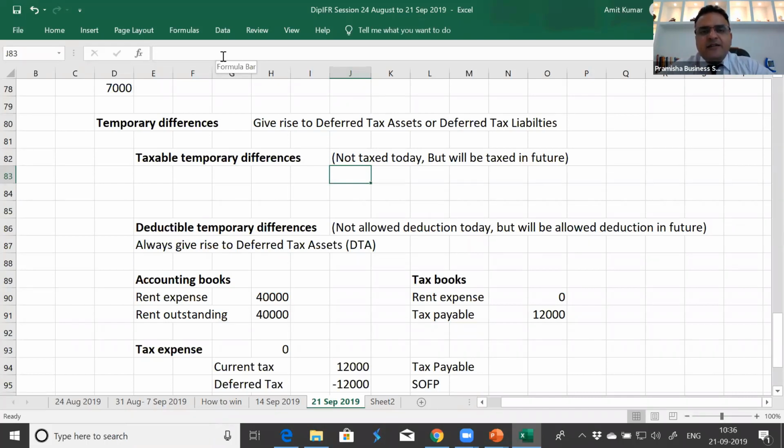So shall we be prepared? Taxable temporary differences always give rise to deferred tax liabilities.